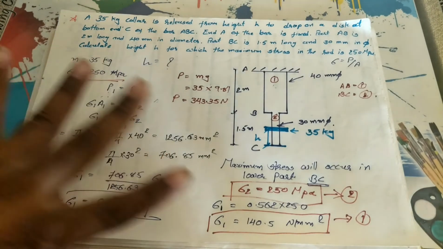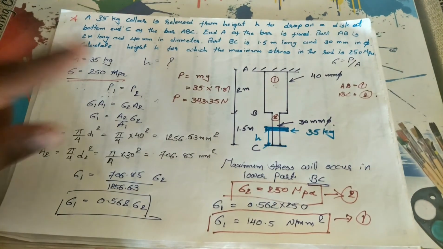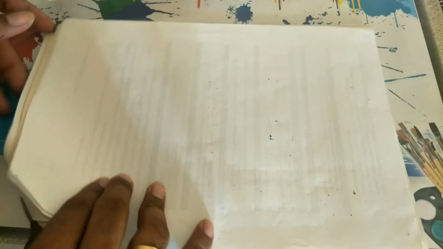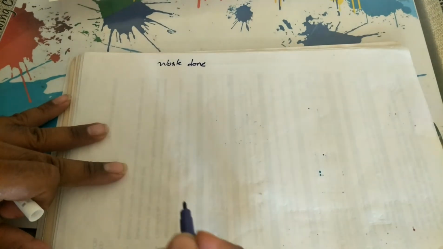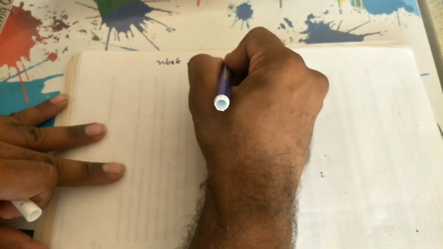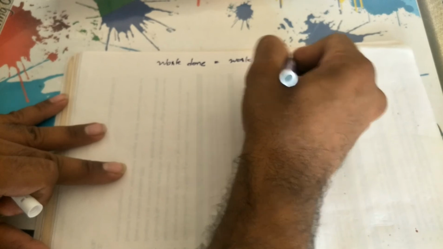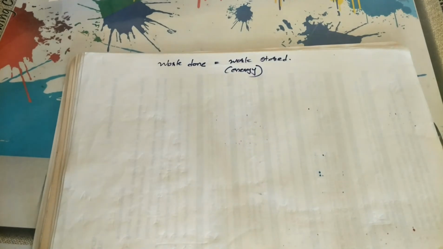H. So up to this calculation no h comes in the picture, but as you know, this is a question of impact loading. For impact loading, the strain energy equation is: work to be done equals work stored, or you can say energy to be stored.